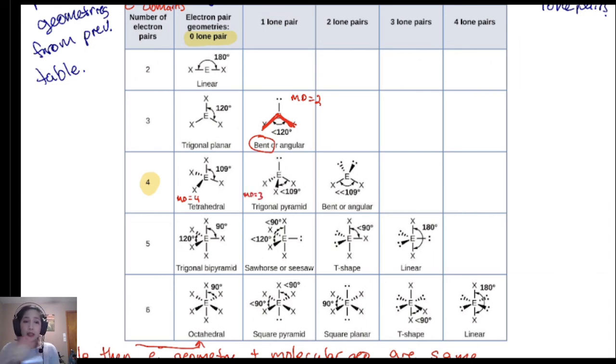We just replace one of the electron domains with a lone pair, and we just consider the shape made by the atoms. This we call trigonal pyramid. And then finally, if there are 2 lone pairs, our molecular domain is equal to 2. We replace 2 of the tetrahedral electron domains with lone pairs, and we're back to a bent shape.